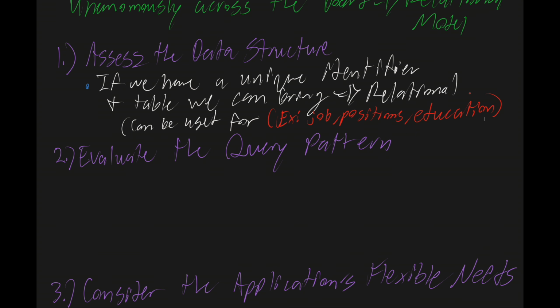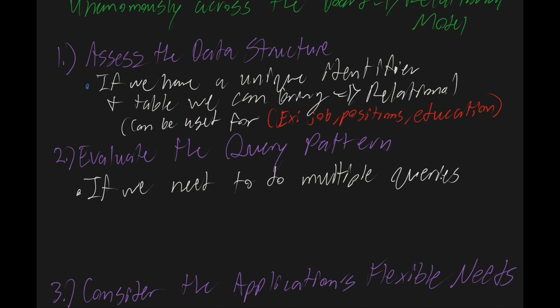Now, to evaluate the query pattern, we need to reflect on how often and in what way the data will be accessed. If you need to perform complex transactions or queries that involve multiple tables and relationships, so if we need to do multiple queries for multiple tables, we'll do a relational model.